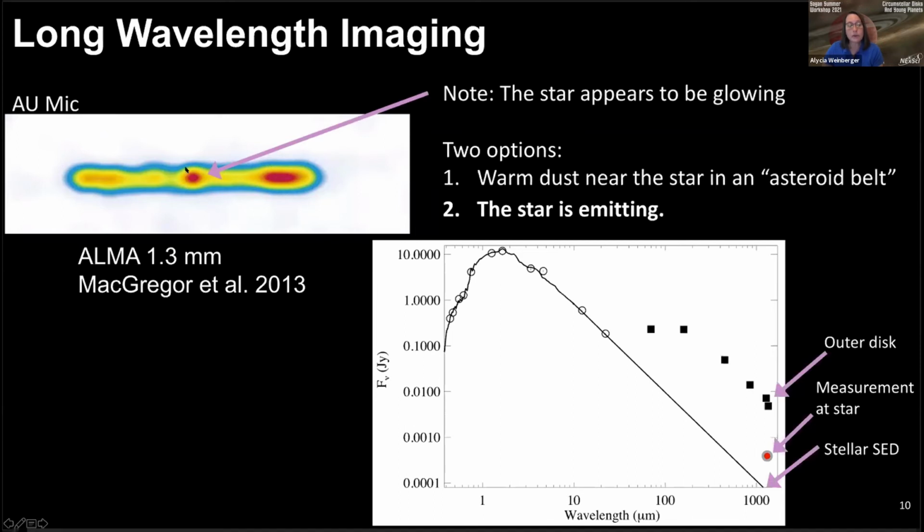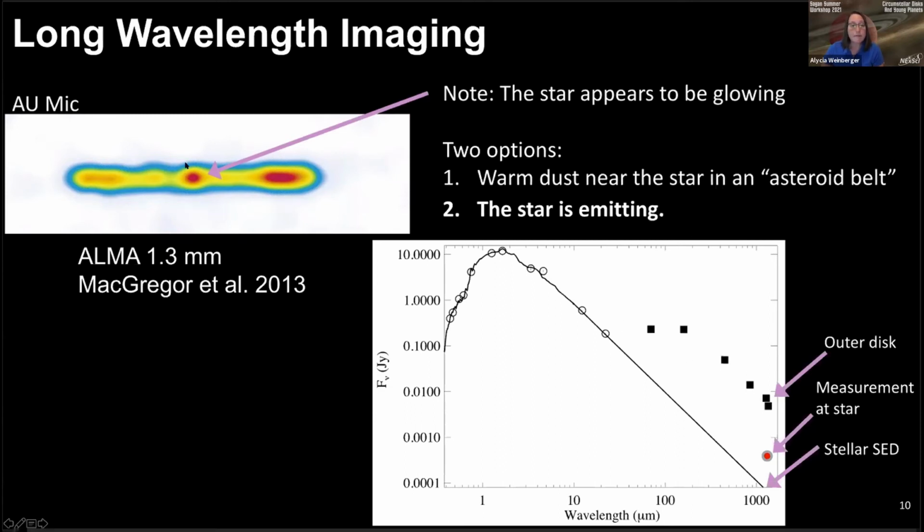Now, I wanted to point out one thing here. Note that it does appear like the star is appearing in this image, even though if you look at the spectral energy distribution of a really low mass star like AU Mic, you expect a very, very small amount of far infrared emission. What you measure is considerably above that expected photosphere of the star. So you cannot immediately assume in this case that all of the excess is actually from a disk.